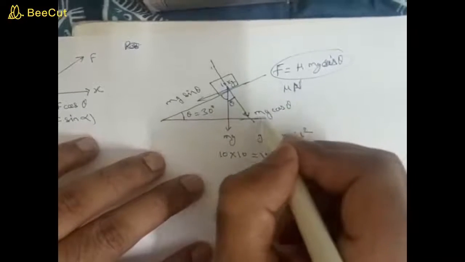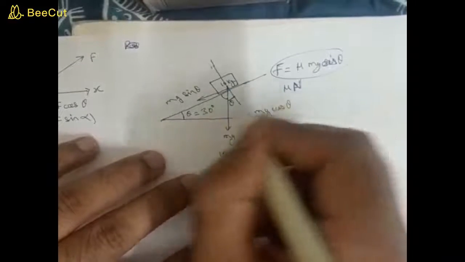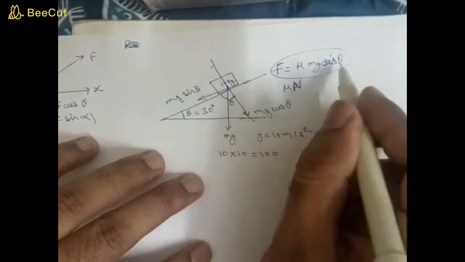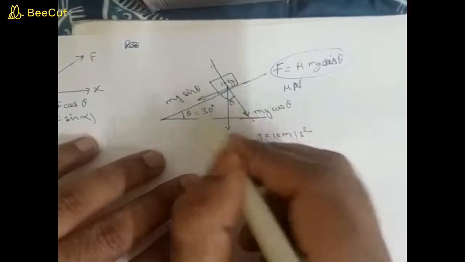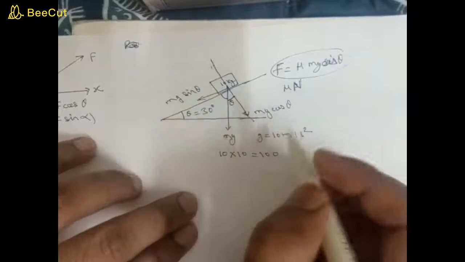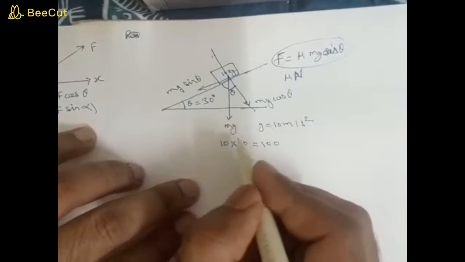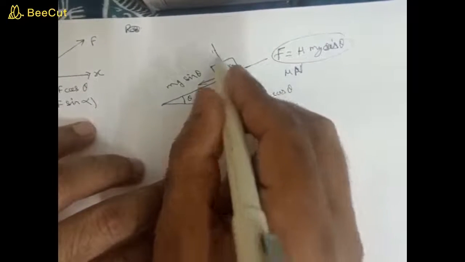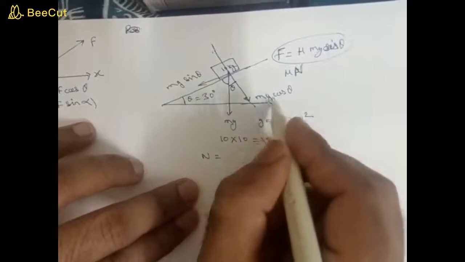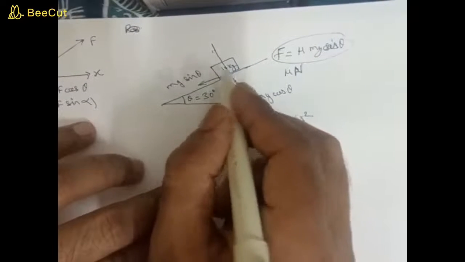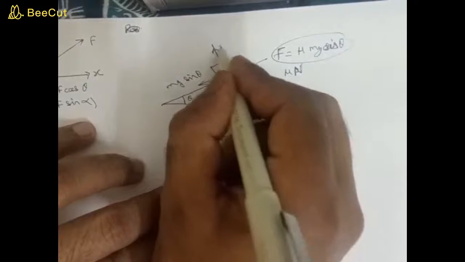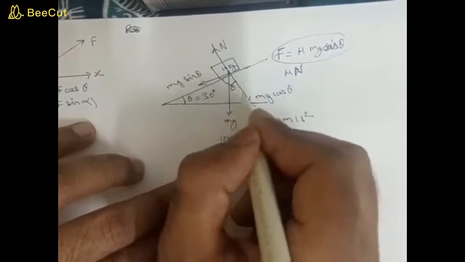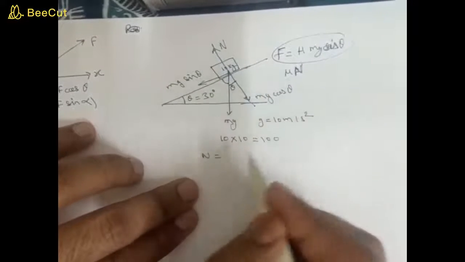So the reaction force is mg cos theta, so the friction force will be mu mg cos theta. This concept will be used in many questions in mechanics. The block is stable in this direction, so the vertical force N, the reaction force N, will balance the mg cos theta component.